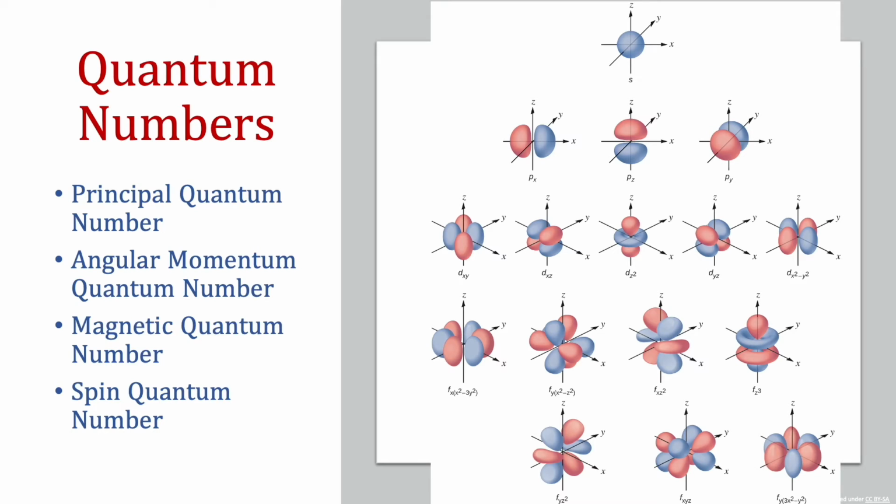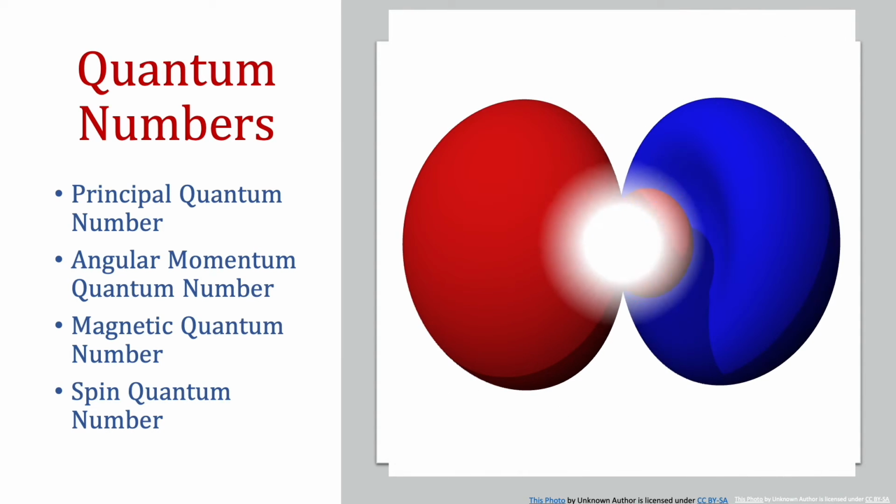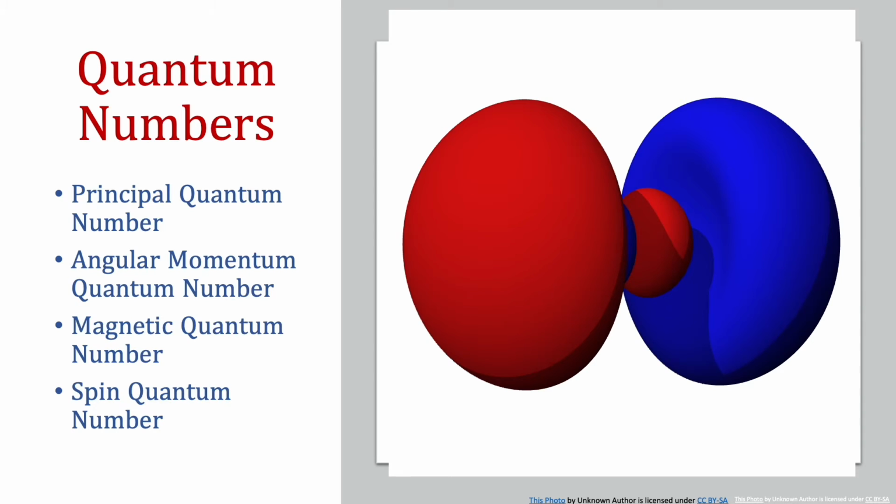A set of orbitals with the same principal quantum number and the angular momentum quantum number is called a subshell. Each subshell is designated by a number and a letter. For example, 2p orbitals are in the 2p subshell, 3d orbitals are in the 3d subshell. Magnetic quantum number describes the orientation of orbitals in space.